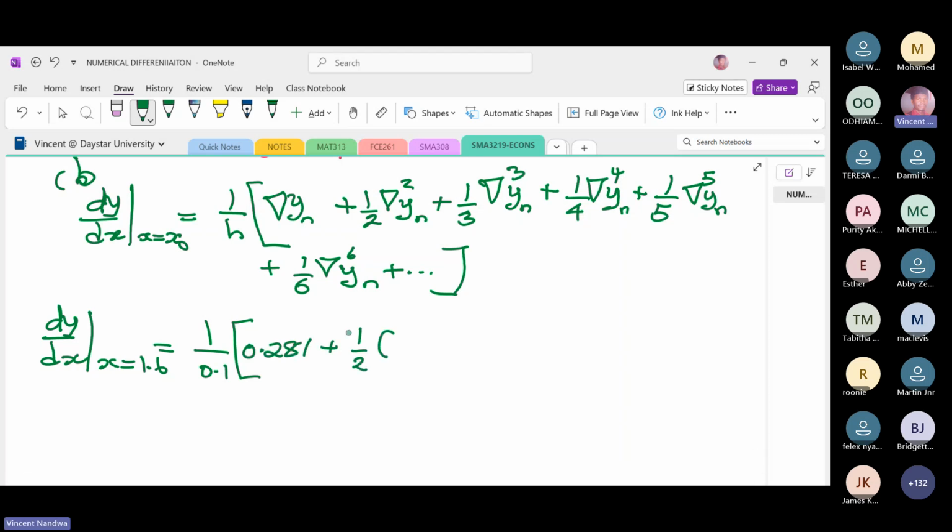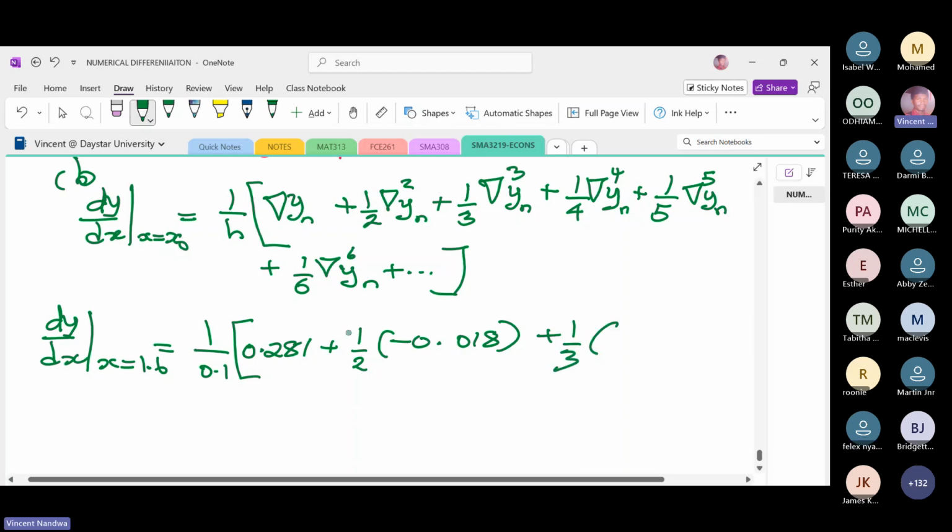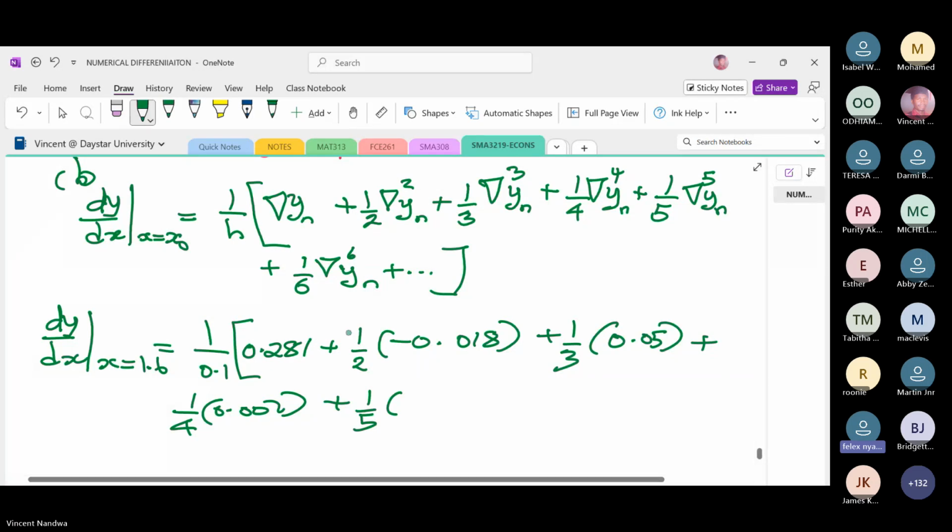Then this second backward, when you read from the table, is minus 0.018, plus a third into 0.005, then plus a quarter into 0.002, then plus a fifth into 0.003, then lastly plus a sixth into 0.002.